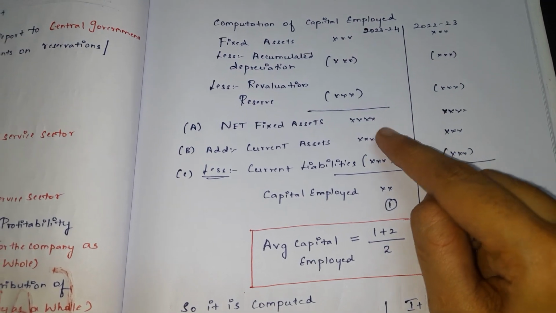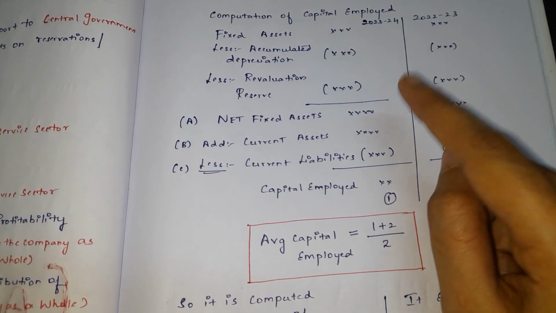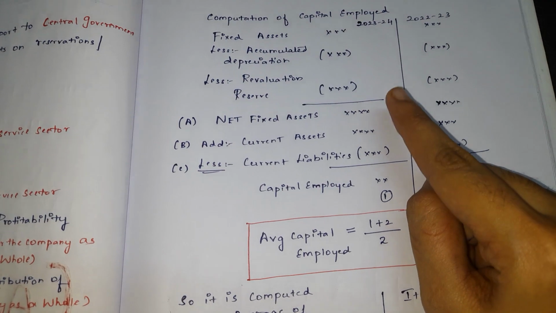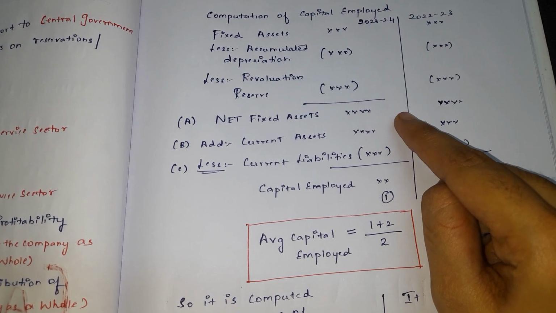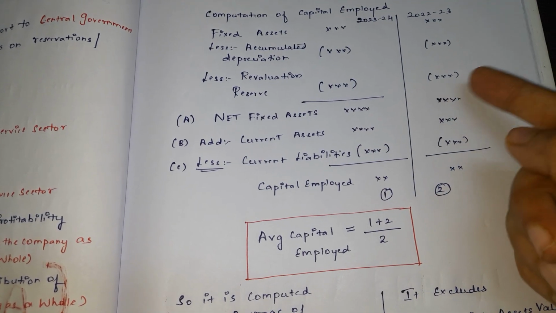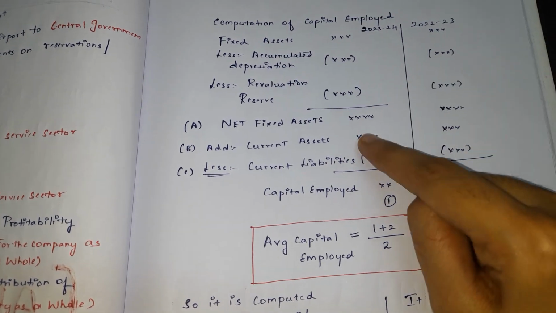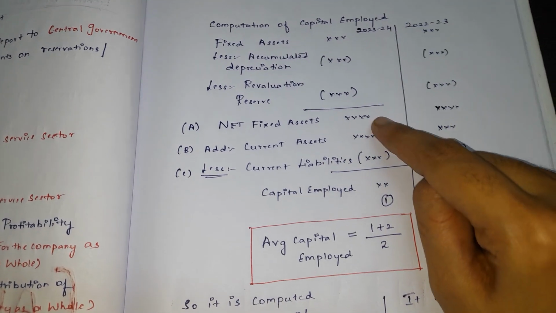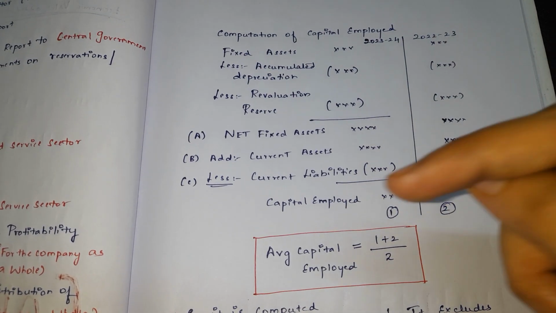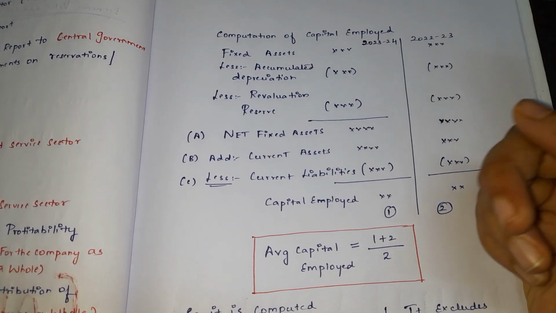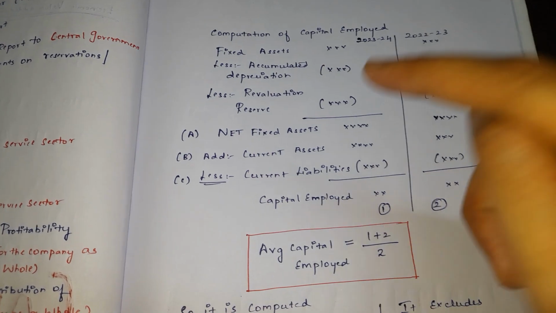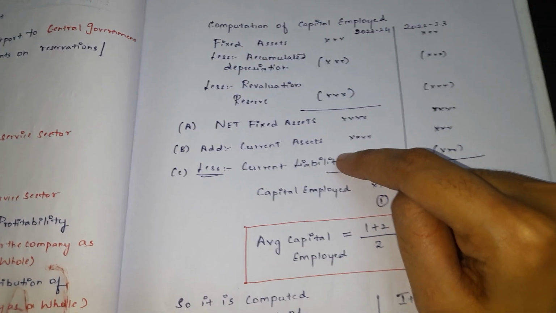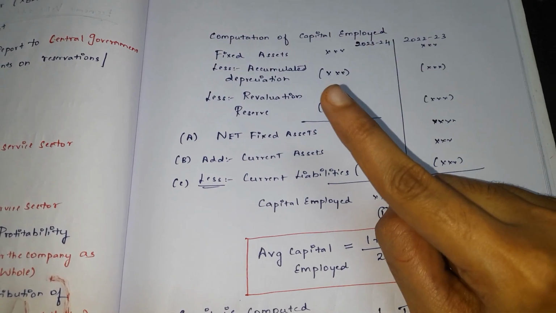The reason it is not included is that such current investment is made in some other business, not in our business. These current investments are not invested into our company. So we will not be considering current investment.